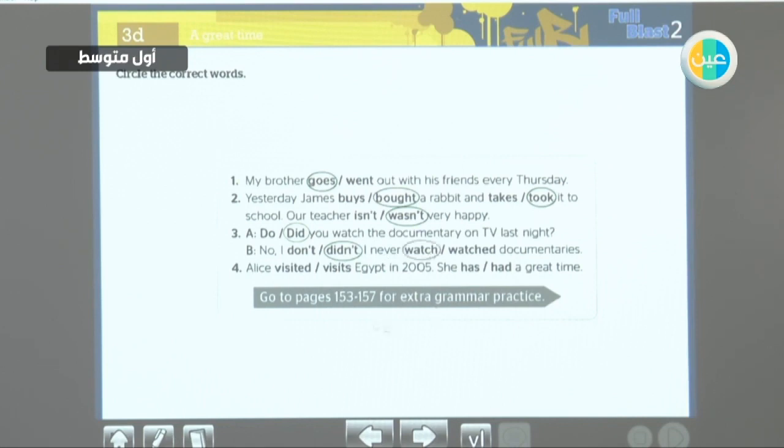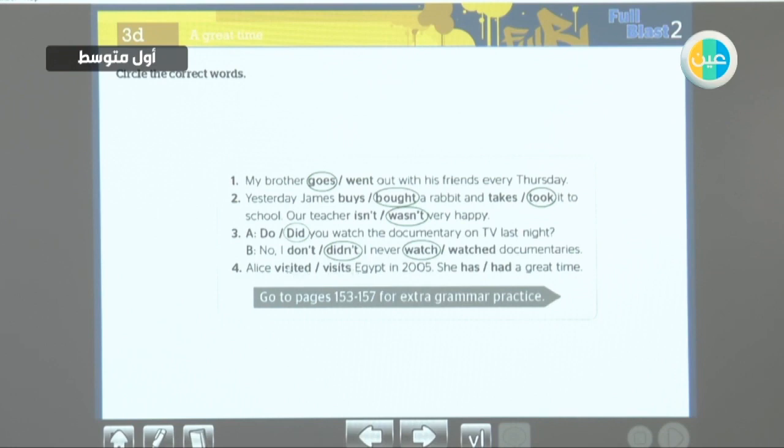documentaries. 4. Alice visited or Alice visits Egypt in 2005. Look at the date, look at the year, 2005. So that means it happened in the past. So what will be the past of visit? Is it visited or visits?